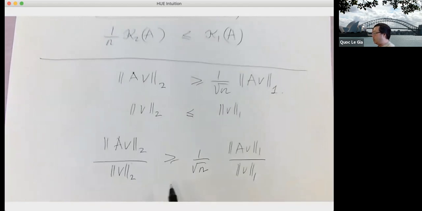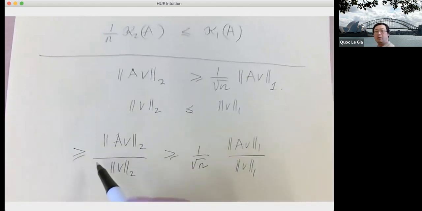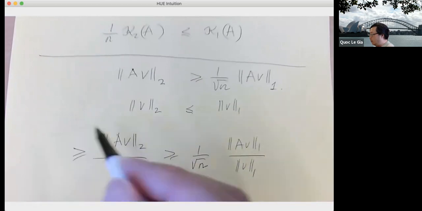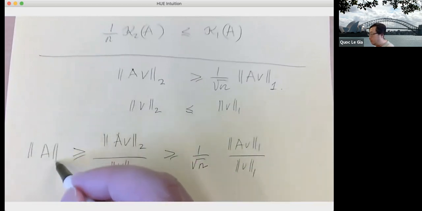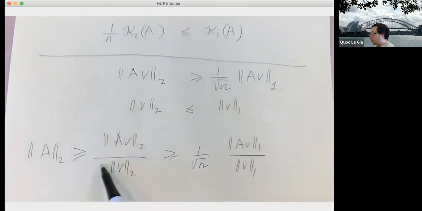Okay, so now it's a bit tricky. If you take the maximal of this one, then it will be less than or equal to the two norm. Remember, this one is just a maximal. Take the maximal, so this is less than or equal to the two norm.